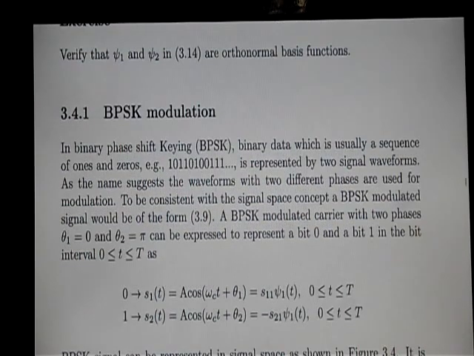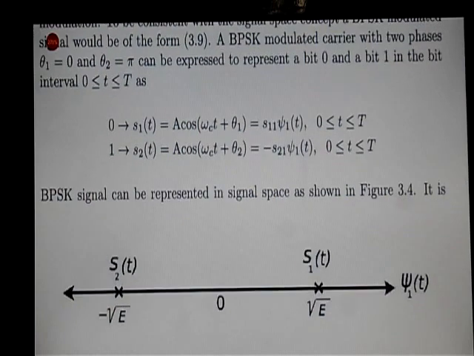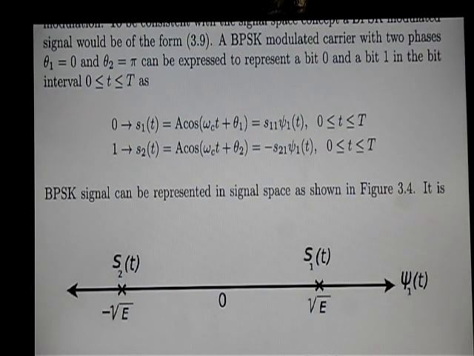So we started binary phase shift keying modulation in the previous lecture, and I mentioned that we need to represent a 0 and a 1 by two waveforms, which are sinusoids, and we discussed that these two sinusoids differ by the phase angle 180 degrees or pi radians.